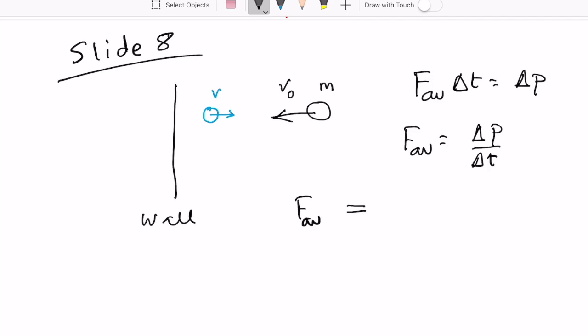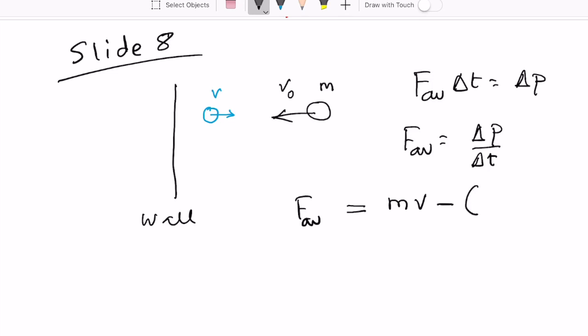So F average would be, delta p is final momentum minus initial momentum, so final momentum would just be mv minus the initial momentum. So what is the initial momentum going to be? Let us be careful with signs. Remember that momentum is a vector, so for a vector quantity, you have to take its sign into account somehow, right?